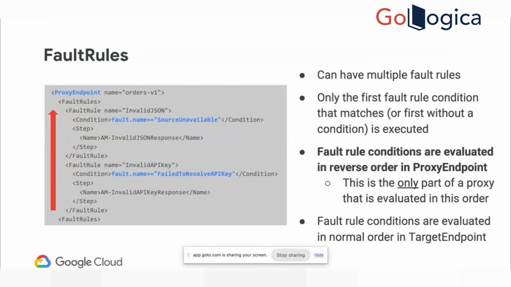If there is a condition that overlaps, or can be true for multiple scenarios, make sure the more restrictive or more specific conditions are at the bottom, and the more open conditions are at the top.